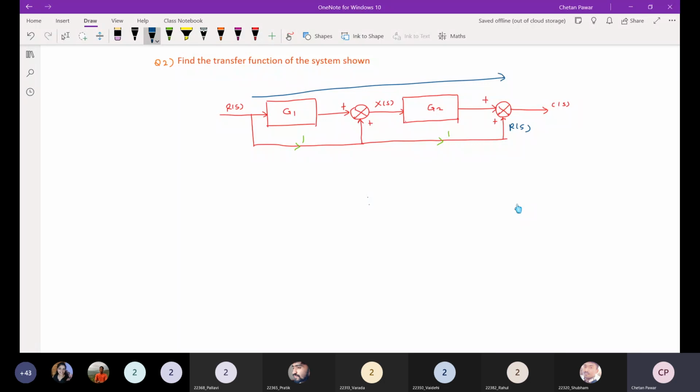Sir, your cursor is stuck. Here, is it visible? No, sir. R of S here, right? So R of S will be there. So I will just simplify it. Okay, fine. Okay, here you can see.